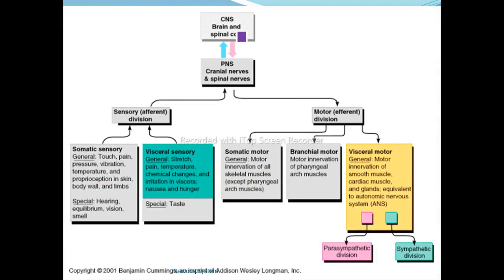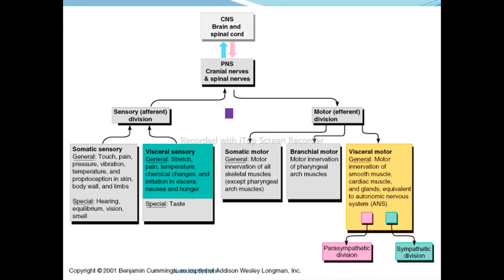So the best diagram is here. For revision purposes, the CNS includes the brain and spinal cord. This is the peripheral nervous system, cranial nerves and spinal nerves. There is communication between the central nervous system and the peripheral nervous system. Impulses or nerve information are carried towards the CNS and peripheral nerves, as this arrow shows.